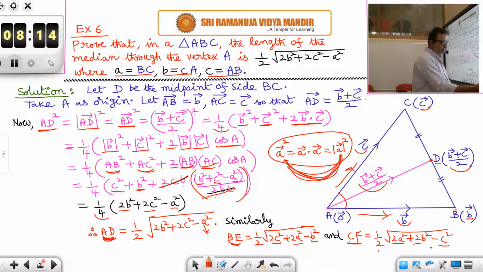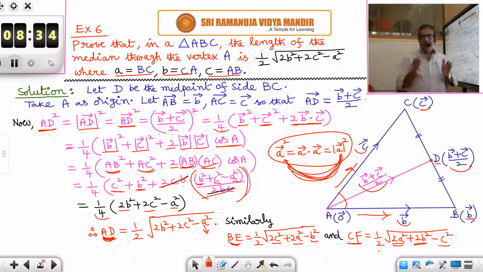So remaining terms 2a square plus 2b square, remaining sides will come with positive sign and also with coefficient 2. So half into square root of 2a square plus 2b square minus c square.